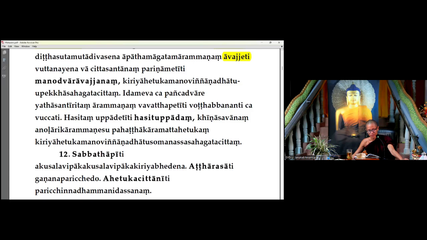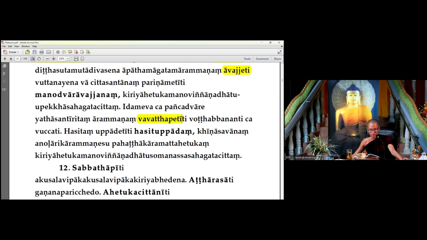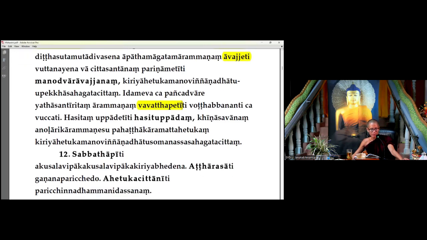The main definition is Vavatthapeti, which is the definition of Vatthapana. By saying Vavatthapeti, Vatthapana is vi plus ava plus thapa plus you, which becomes na.